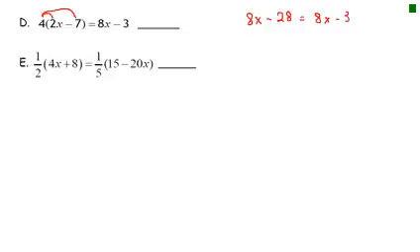Remember, we want to move the variables onto one side, so I'm going to move them over to the left side. So I'm going to subtract 8x on both sides. When I subtract 8x, notice it cancels out here and it cancels out here. And then I'm left with negative 28 equals negative 3. Now we all know negative 28 does not equal negative 3, so this answer would be no solution.